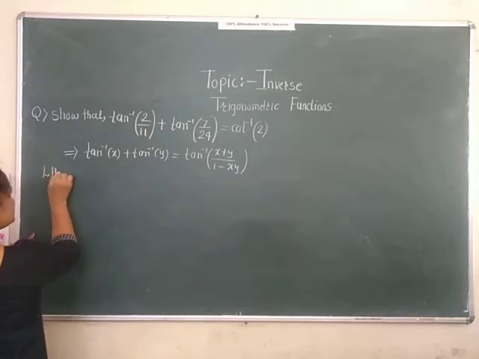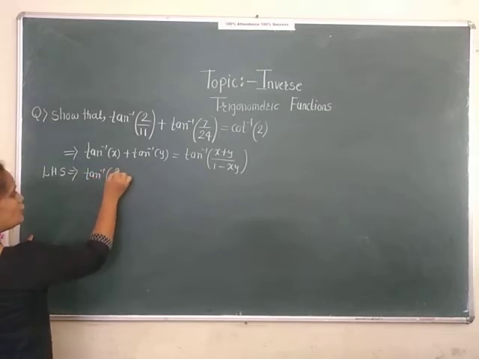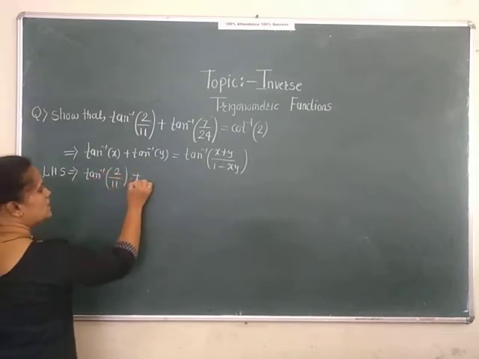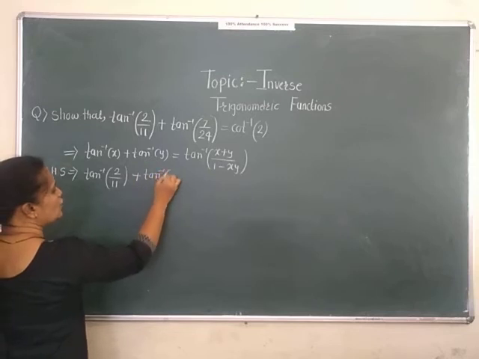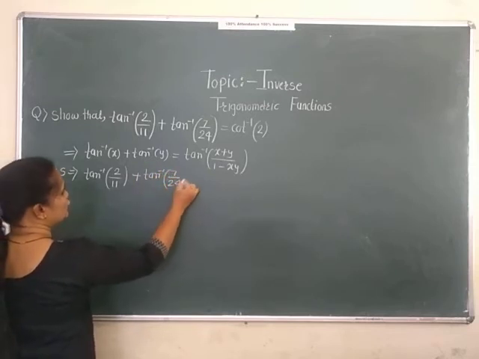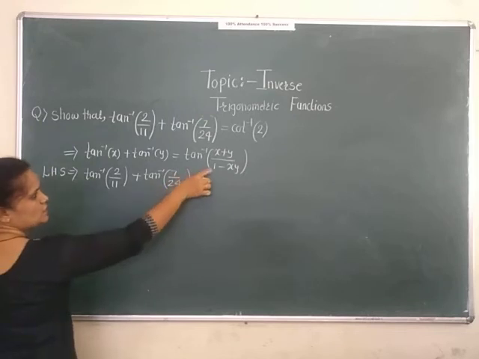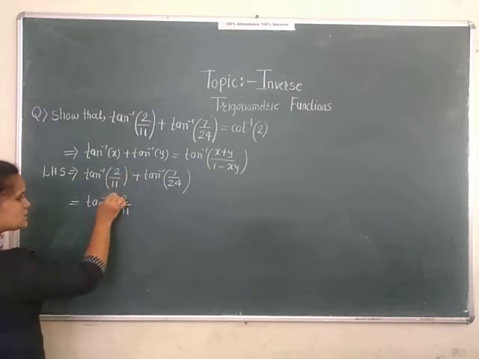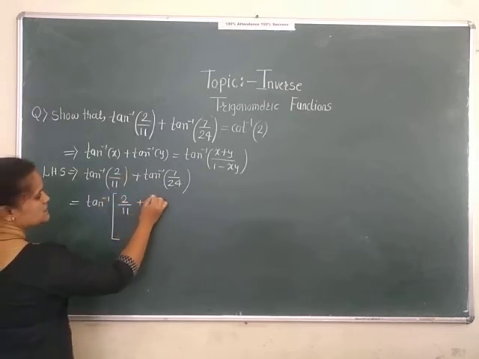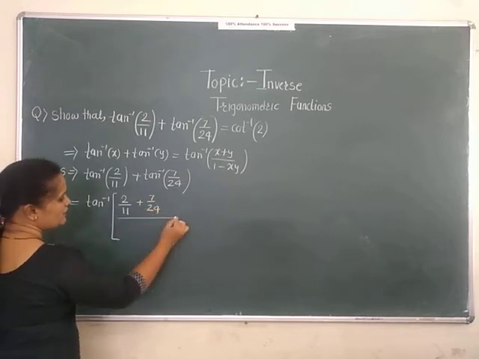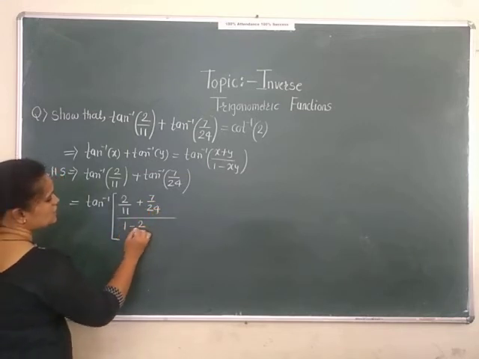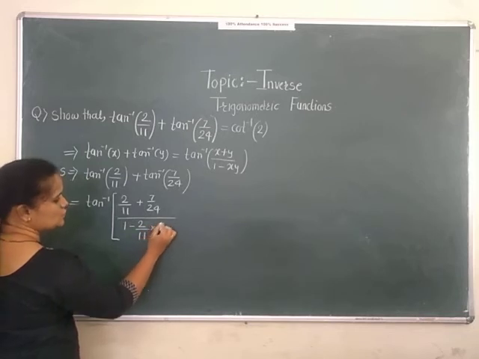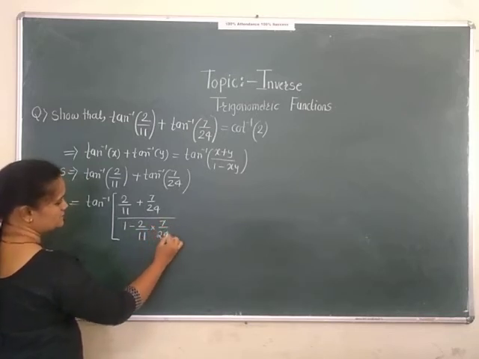So, our LHS is equal to tan inverse of 2 upon 11 plus tan inverse of 7 by 24. Okay. So, let's put this in the formula. Tan inverse of 2 upon 11, I will take here a square bracket, plus 7 by 24 divided by 1 minus 2 by 11 into 7 by 24.